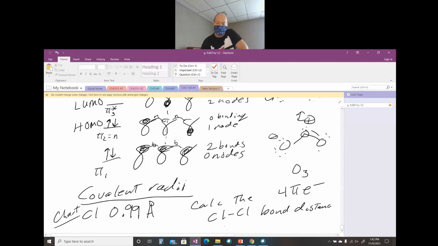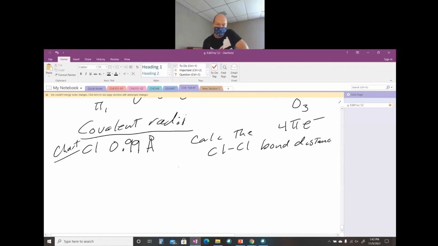All right, and so again, all you have to do is know that you have your Cl, and it's got a radius, and then you have another Cl, and it has its radius. And so the bond length is simply the radius of this chlorine plus the radius of this chlorine. So it's simply 0.99 angstroms plus 0.99 angstroms, and so it's 1.98 angstroms.